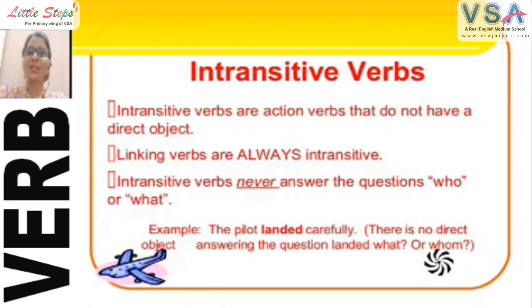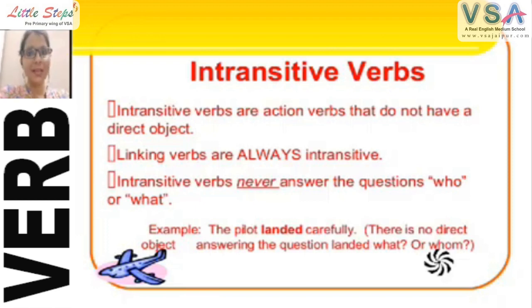Now, intransitive verbs are action verbs that do not have a direct object. जिनको direct object नहीं चाहिए. Linking verbs are always intransitive. Linking verbs, as we have discussed, is, am, are, was, were. These are the linking verbs. Be, being, been.